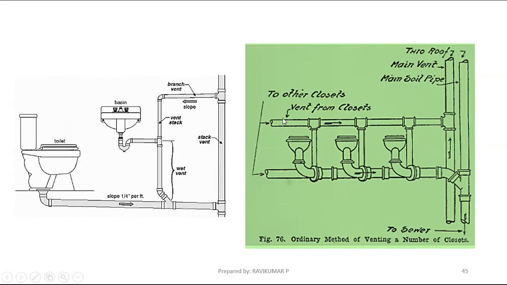We are taking the branch and forming one header. This header will be connected into the vertical main vent pipe. Like that. This is the vertical concept for EWCs, how the EWCs are connected into the vertical. So like that.